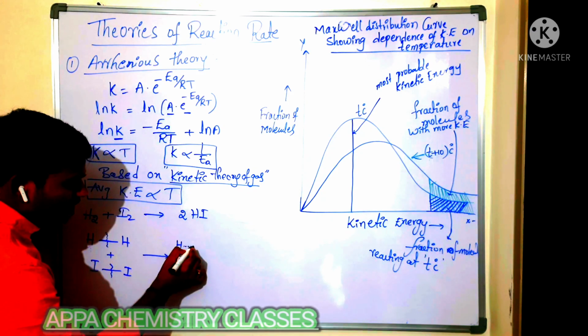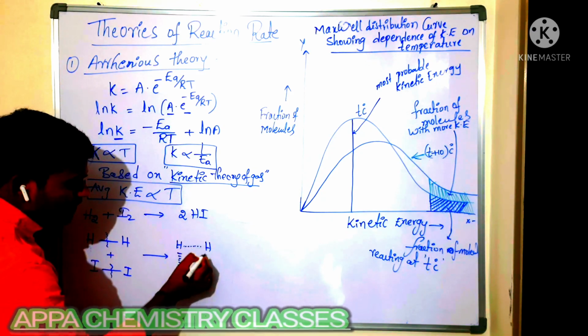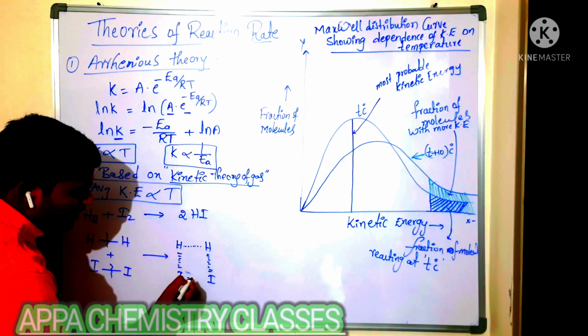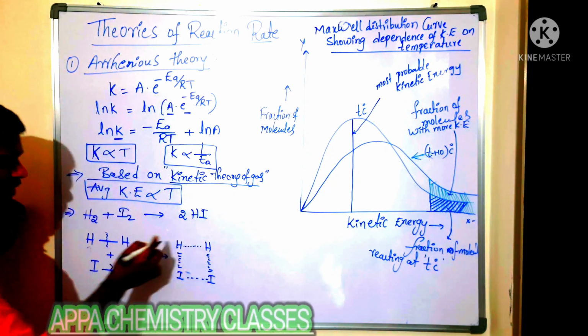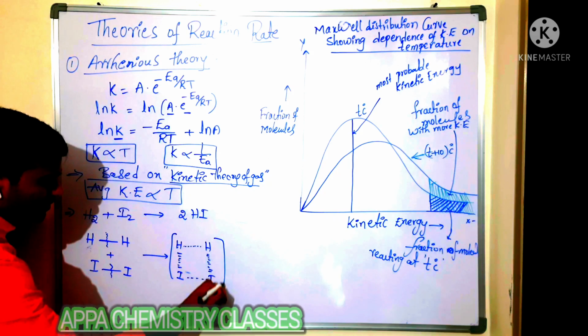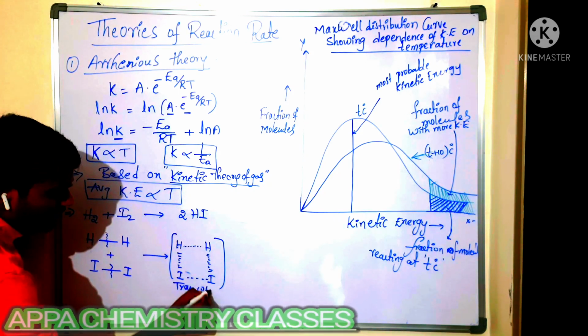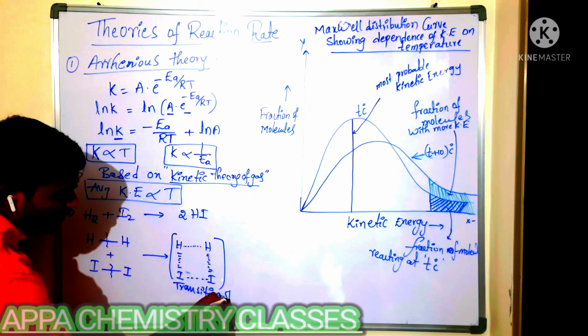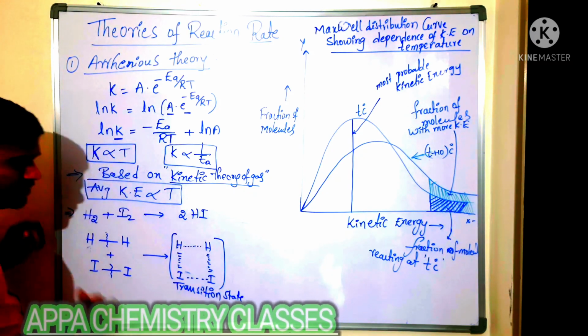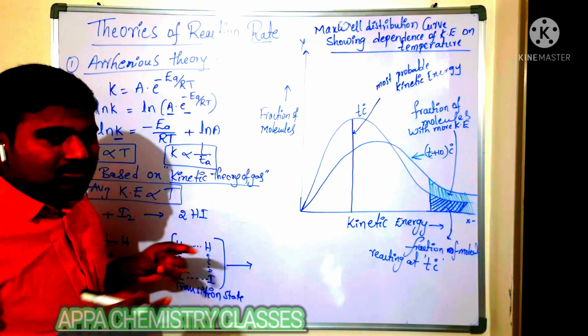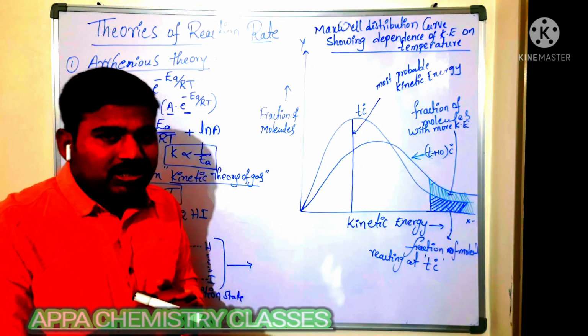The formation of new bonds and breakage of bonds happen simultaneously in the transition state, or intermediate state. After formation of this transition state only, the product formation takes place.